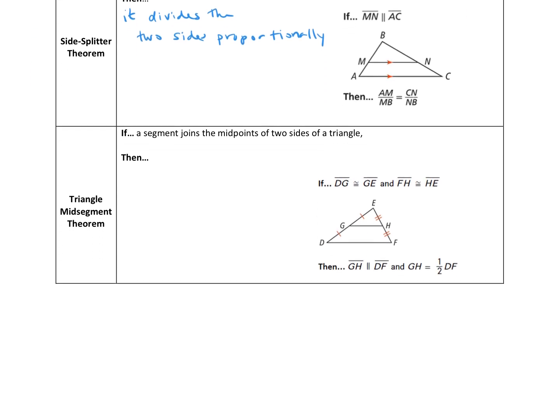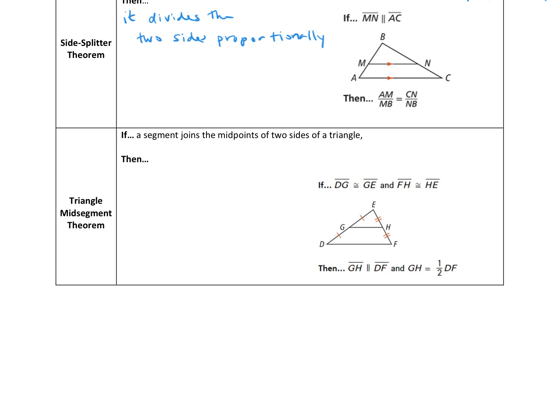All right, we also have a triangle mid-segment theorem. This will sound a little bit familiar because you worked with this in the last unit. If a segment joins the midpoints of two sides of a triangle, so G and H are both midpoints, we can see we've got congruent segments on both sides, so that makes those midpoints.